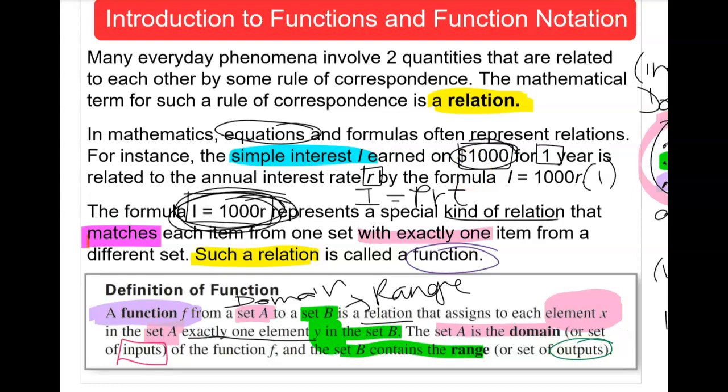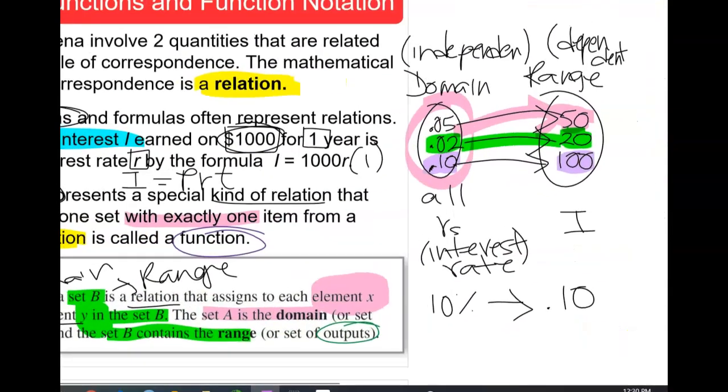So going back to my diagram, my mapping here, remember we said, and let me write this better, this was the dependent variable, but we also consider here all the inputs and this is all the outputs. So it's important to get familiar with this vocabulary.